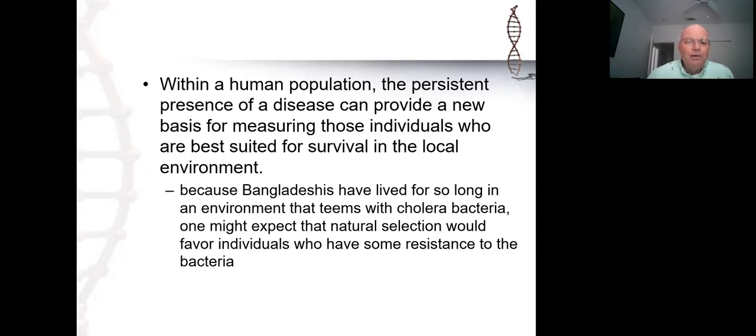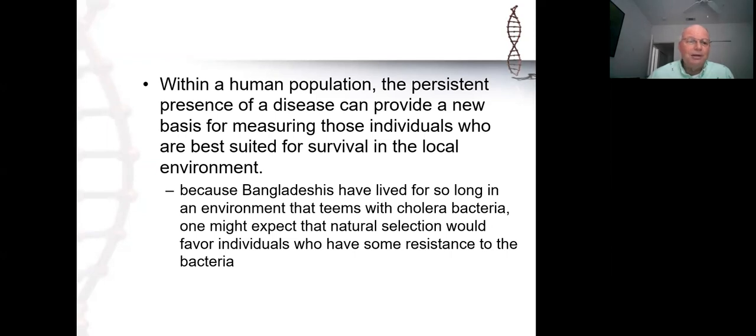Because over the period of time that the cholera bacterium has been an issue for humans, since it started infecting humans, a number of mutations have occurred, and the ones that were beneficial to humans in terms of resisting the effect of the cholera bacterium became more and more frequent in the population.